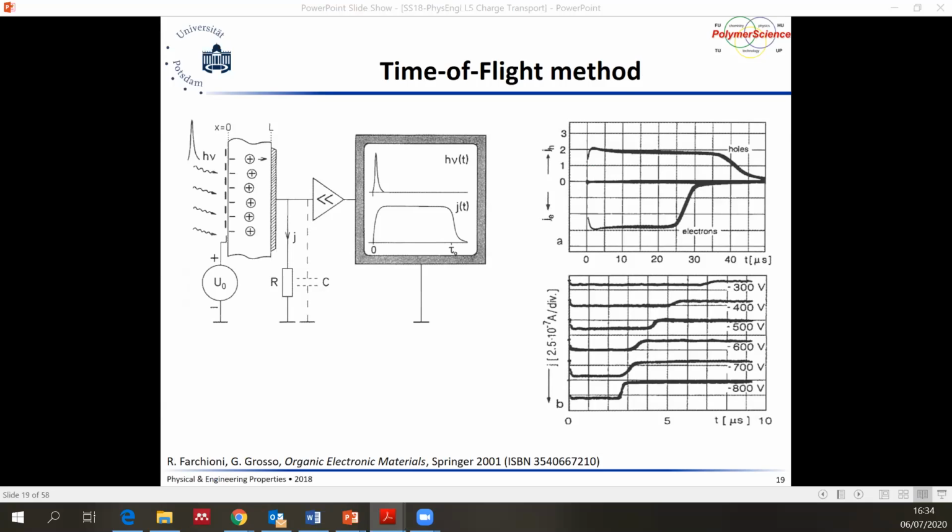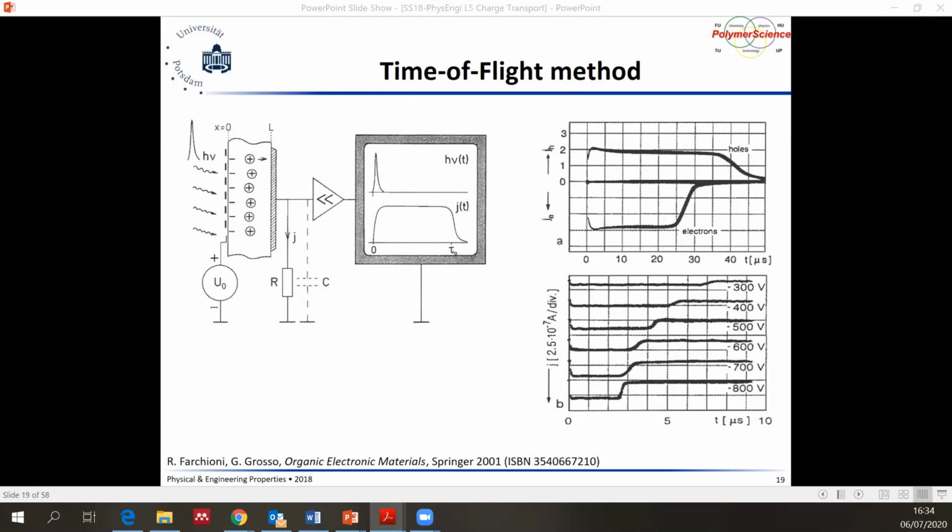Now, how do we measure mobility or disorder? What are the techniques in general that are often used to experimentally determine the charge carrier mobility? There are several well-established techniques. One of them is known as time of flight.